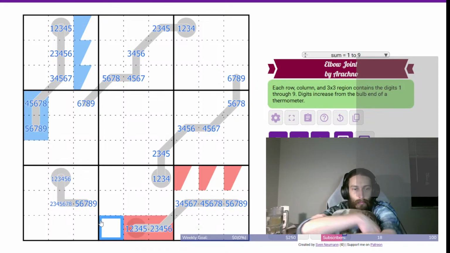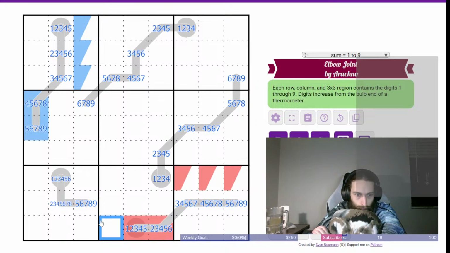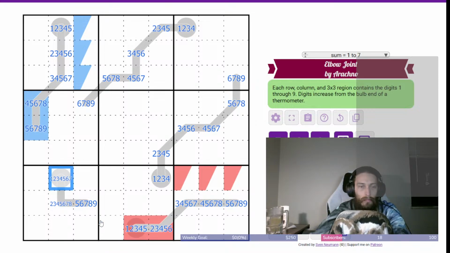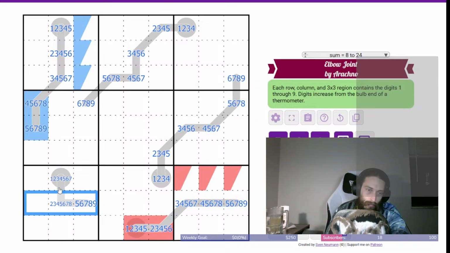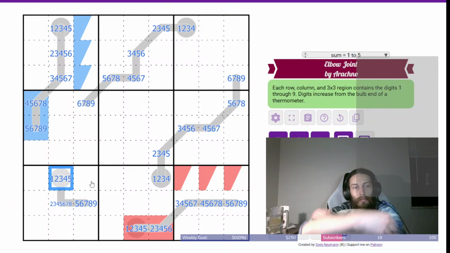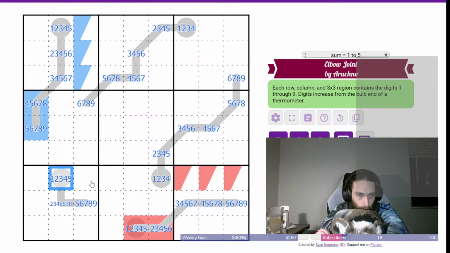Now, 6 is going to be the max on the horizontal. Right. So 5 is going to be the max on the bulb. So the elbow can't be a 7 or an 8.